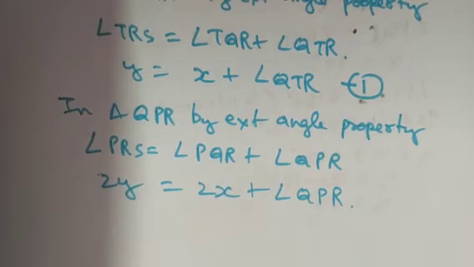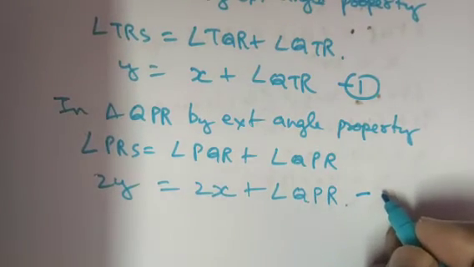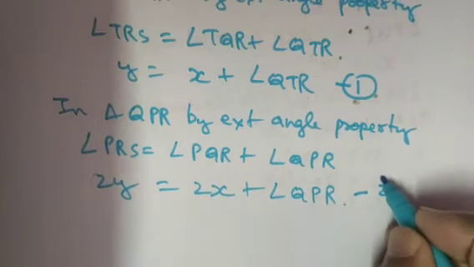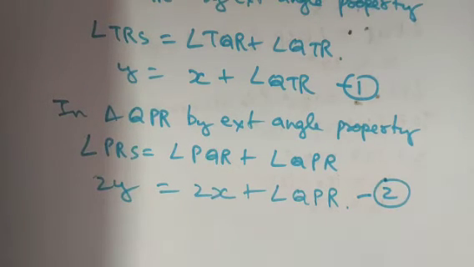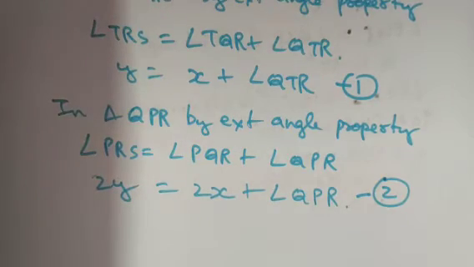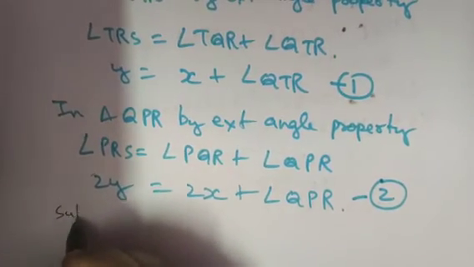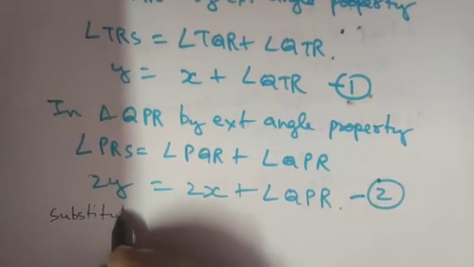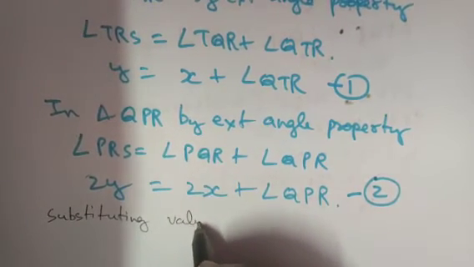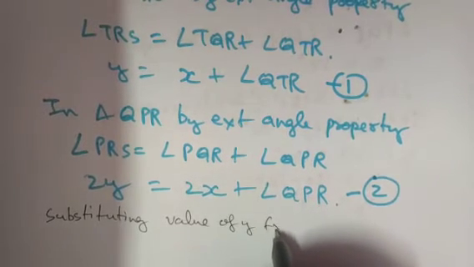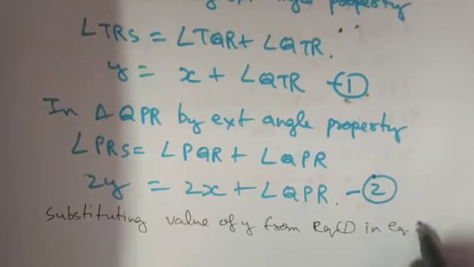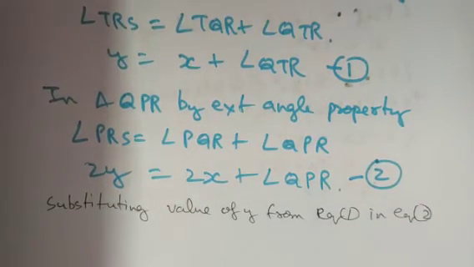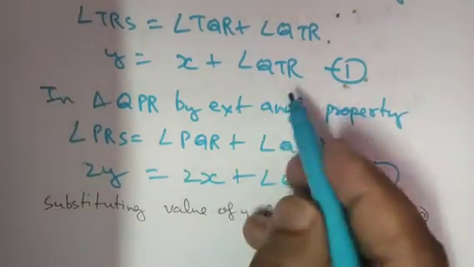So now we substitute the value of y from equation number 1 into equation number 2. In place of y we will be writing x plus angle QTR.